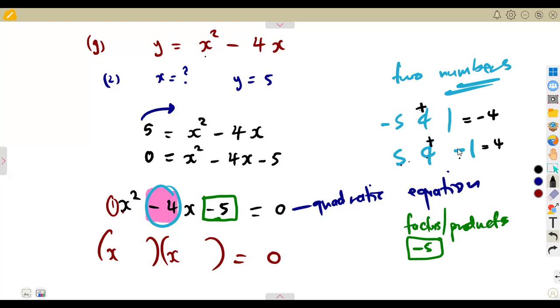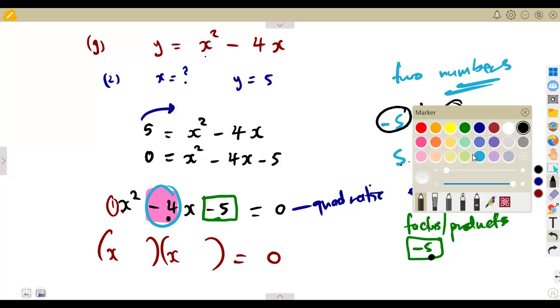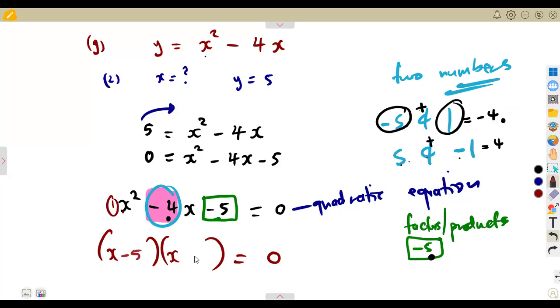We need those factors of -5 that, when you add them, must give the number in the middle here, which is -4. So those are -5 and 1. These are the numbers that we need there. -5 and a +1. So you have to be careful now.